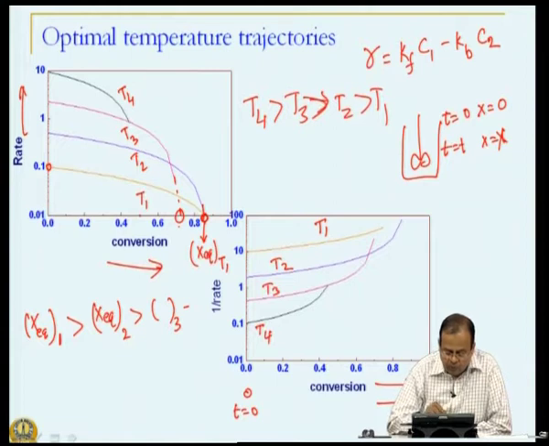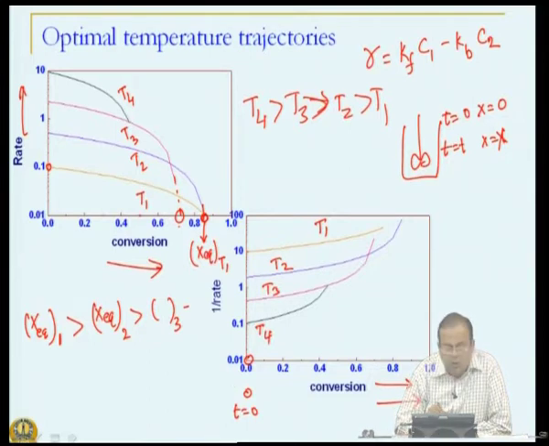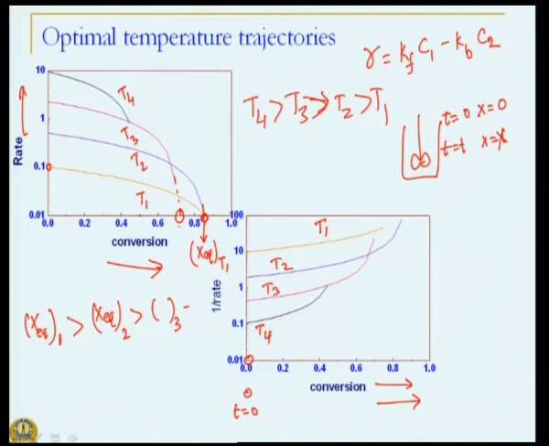What happens when the conversion is low? 1 over R is lowest with the temperature T4. So, let me just plot on the side time, and what temperature gives me the highest rate or lowest 1 over rate. At the start, at time equal to 0, the highest temperature gives me the lowest 1 over R. That means, at the start my temperature should be T4.